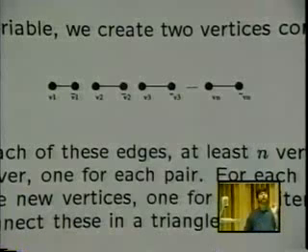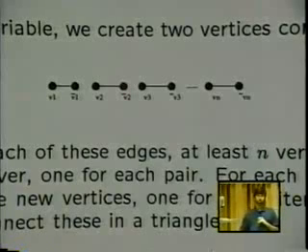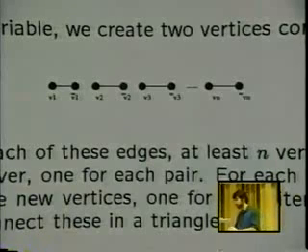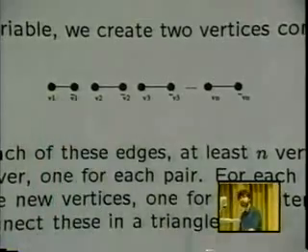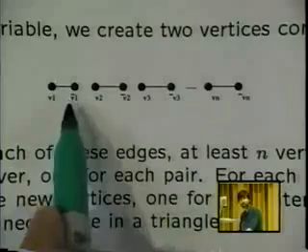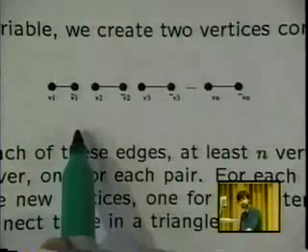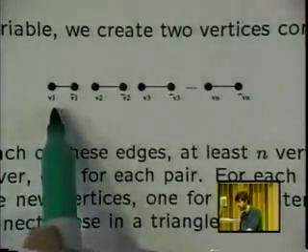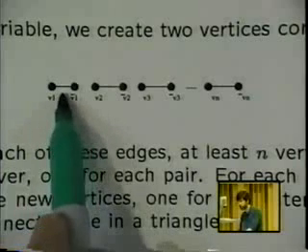Now, as I add more edges to my graph, could that ever change this? If I need to cover this edge, if I add more edges to my graph, am I ever going to be able to pick any other vertex other than this or this to cover that edge?